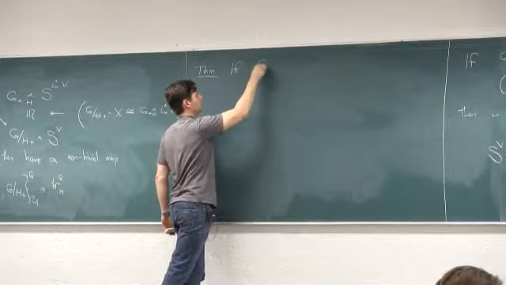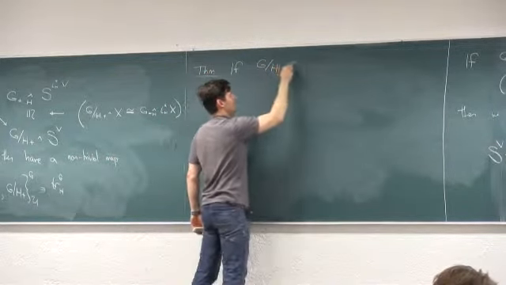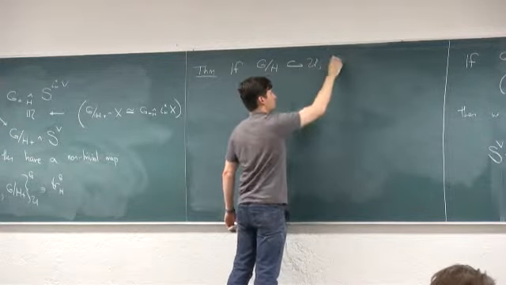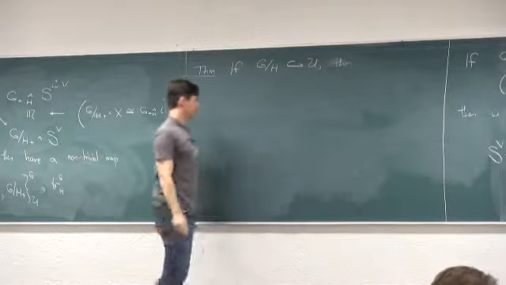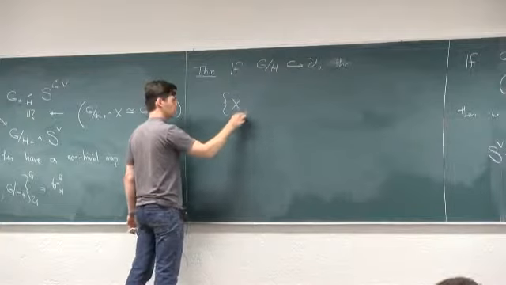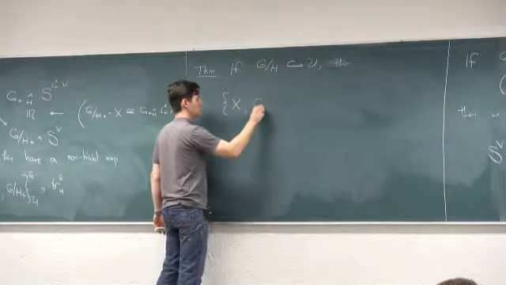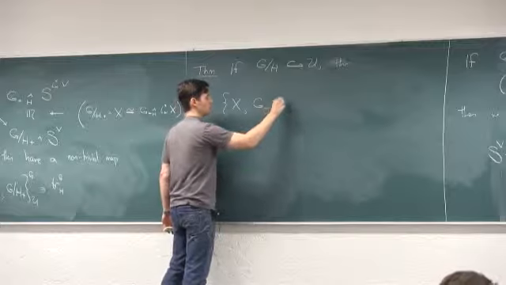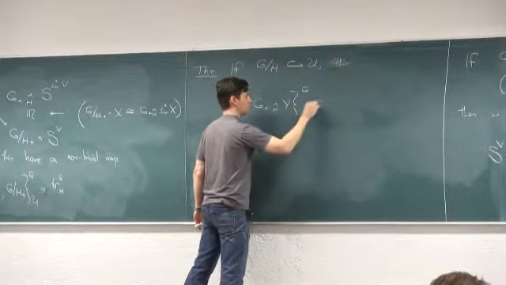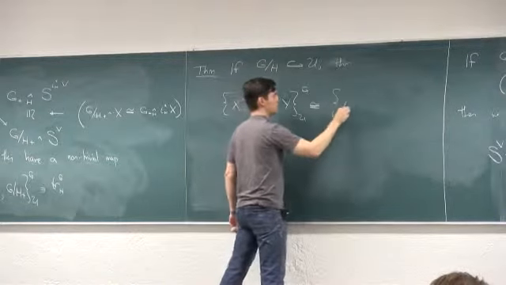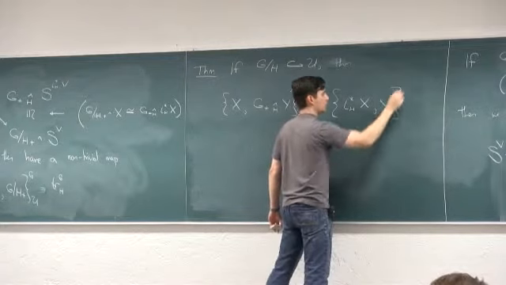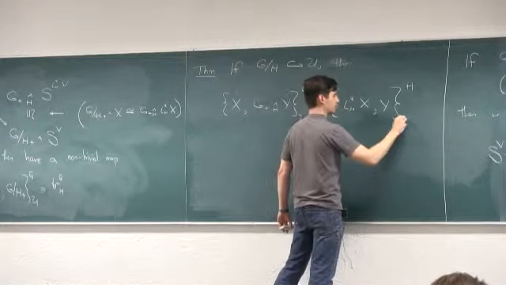If G mod H embeds into my universe, then we have a natural isomorphism: X to G plus smash over H Y is isomorphic to i_H upper star X into Y, H-equivariantly.